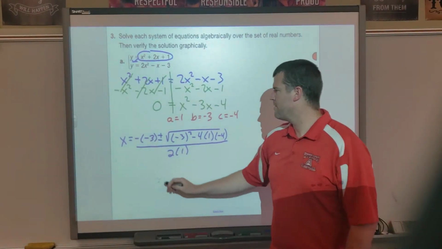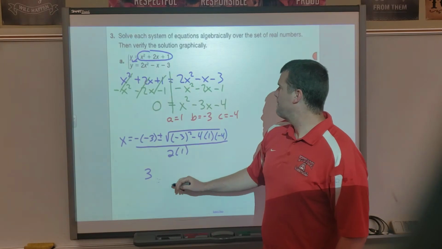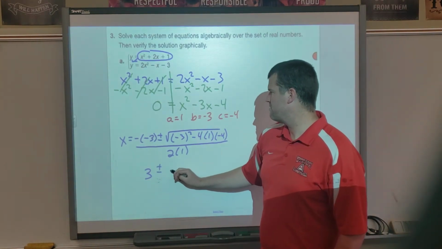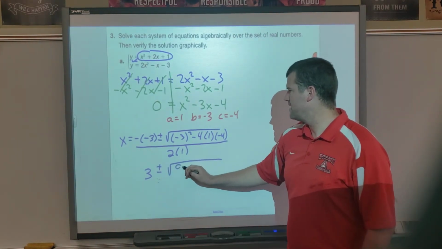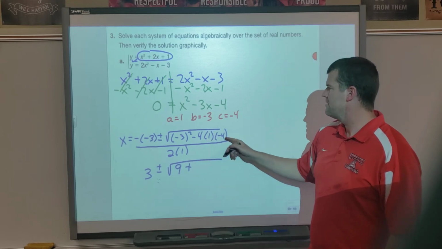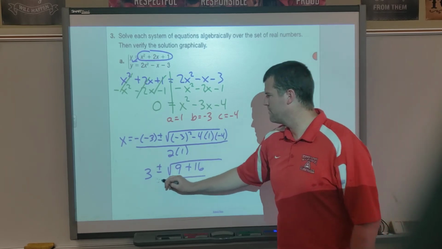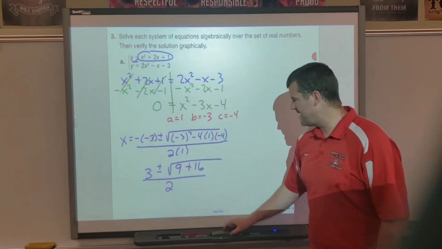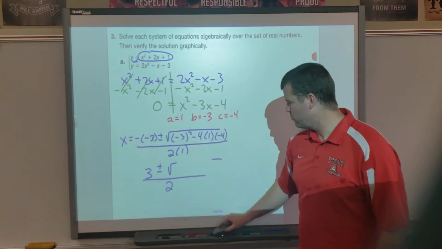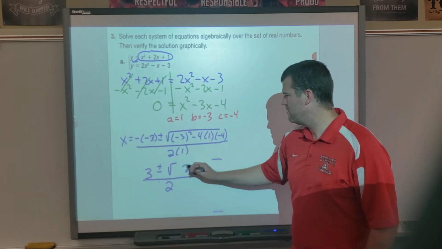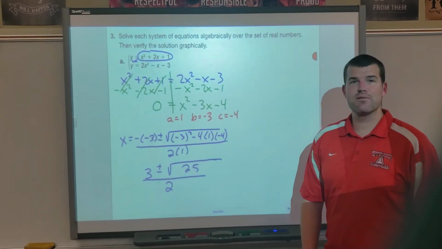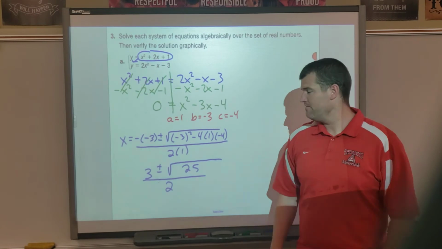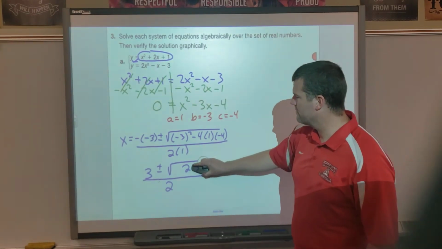Okay, so I get 3 plus or minus square root of 9 plus 16 over 2. Well, 9 plus 16 is 25.